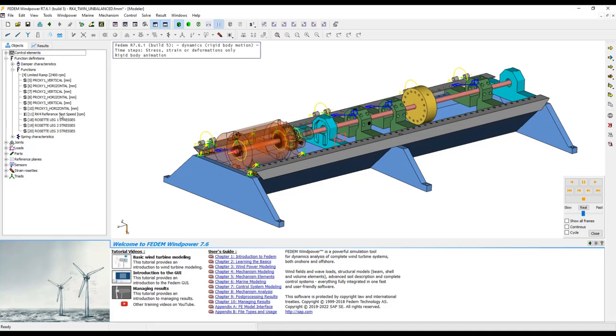So here you can see I will have one input to my FMU, which is the reference speed from a physical test, and I will have several outputs here, which are representing this rosette outputs I showed you, and also the proximity sensors on the bearings and other brackets. So this has to be prepared, and then you can run FEDEM as a digital twin.